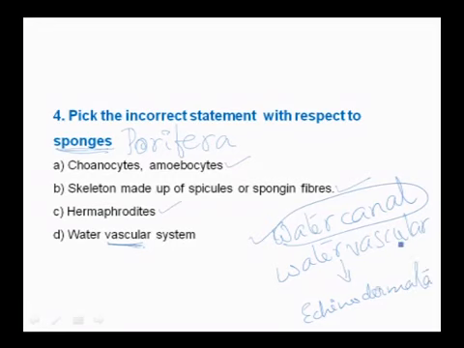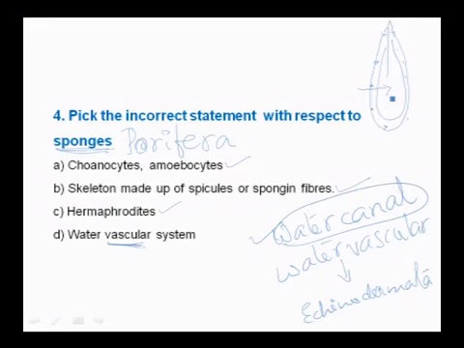What is the difference between this? Water canal system means if you take the organism's body in this manner, cut it and try to open, the body is having number of pores in this manner. Through the pores, water will enter into a canal which is called spongocoel, and from here the water will go outside. So this is a simple system.